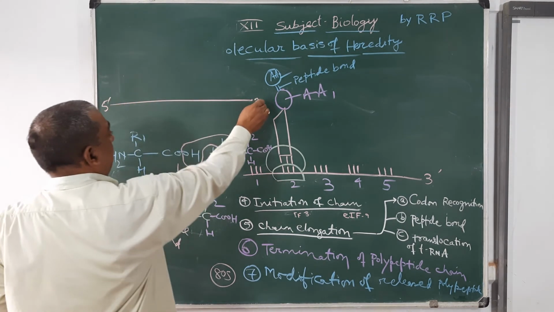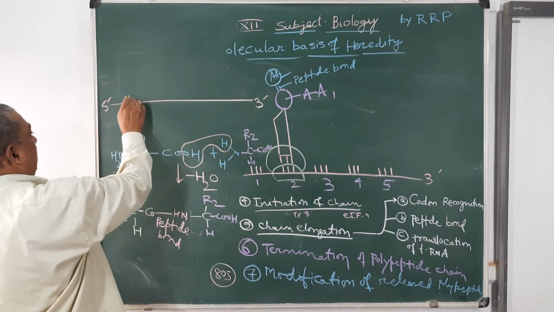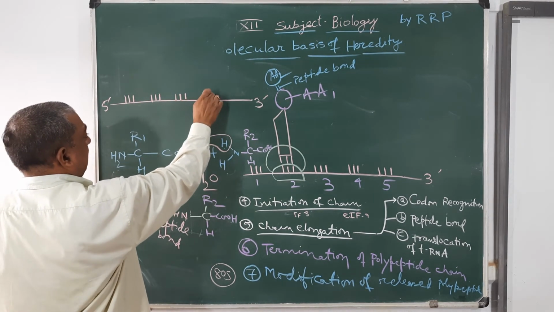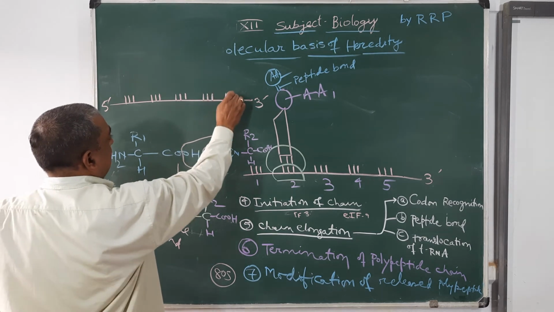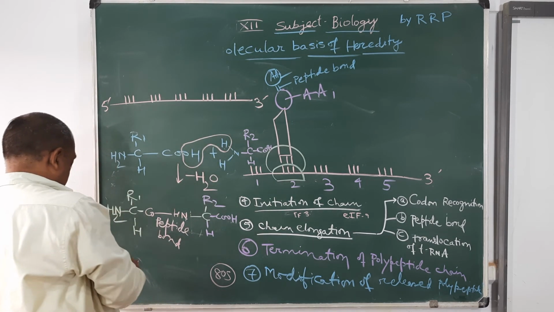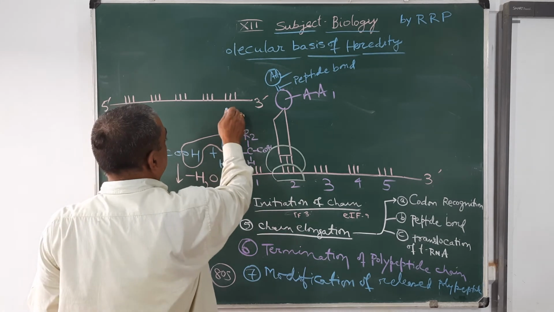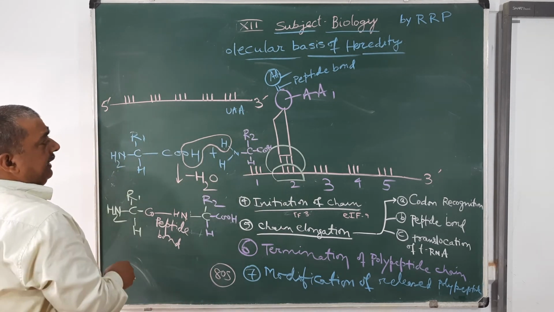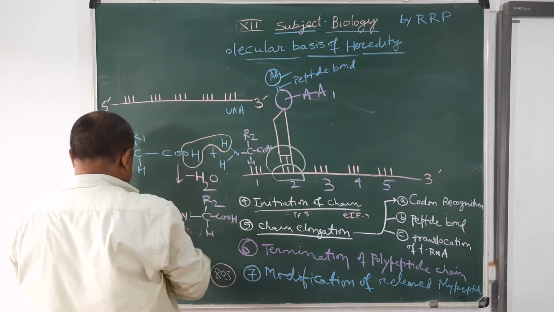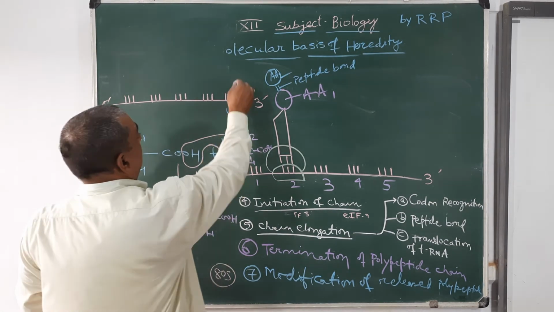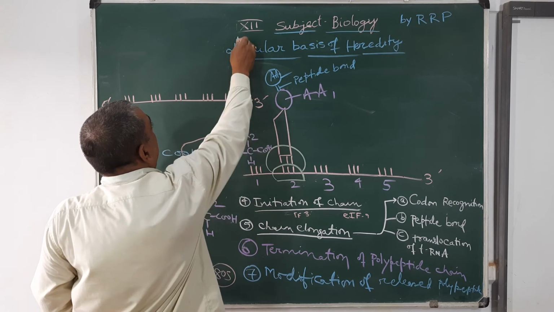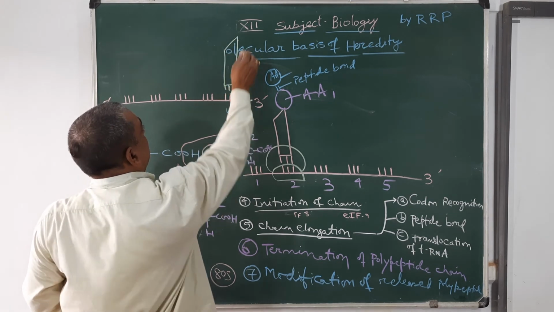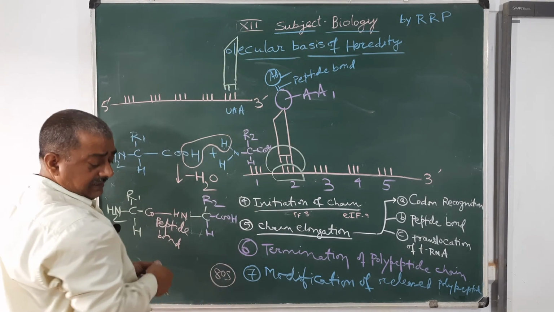5 prime, 3 prime, there is a UTR region before the initiation codon and a UTR region after the termination codon. Suppose the termination codon is UAA, so here tRNA is joined and enters at the A site.